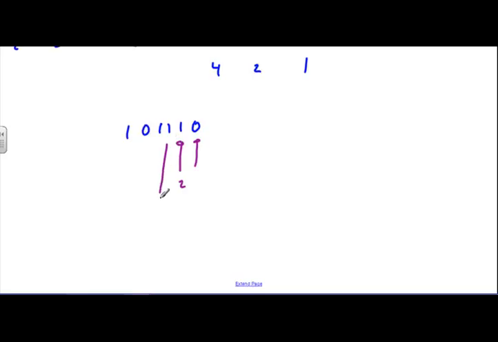I've got a 4. I've got an 8, I have no 16s, and I have a 32. So I add them together, 46. So 101110 base 2 is 46 base 10.